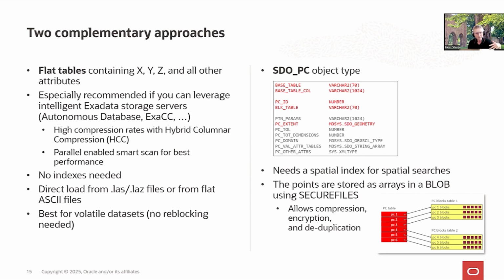And along with the Exadata, we have features like hybrid columnar compression, which goes very nicely with these XYZ attribute columns and all the other numeric columns we have. The parallel processing is enabled here. SmartScan is supported, so very good things to work with this type of data model.